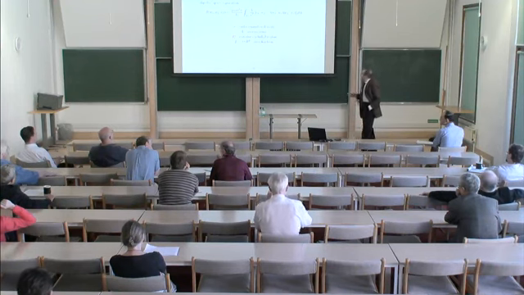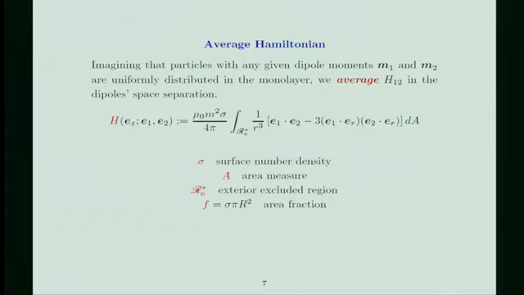All right, so this area fraction f, which is a parameter usually considered instead of the surface number density sigma, is clearly related to sigma by geometric considerations via this relationship.